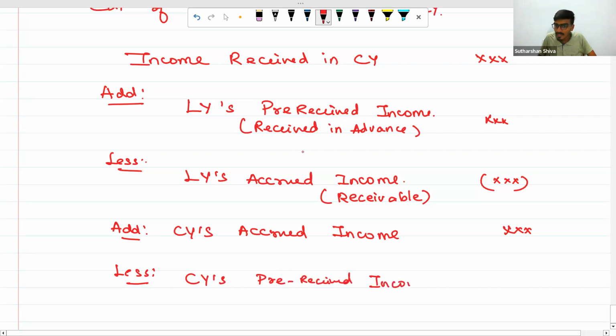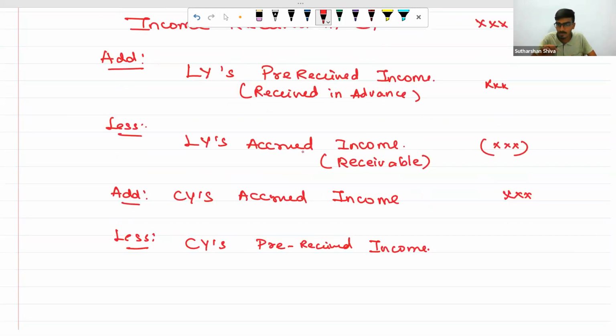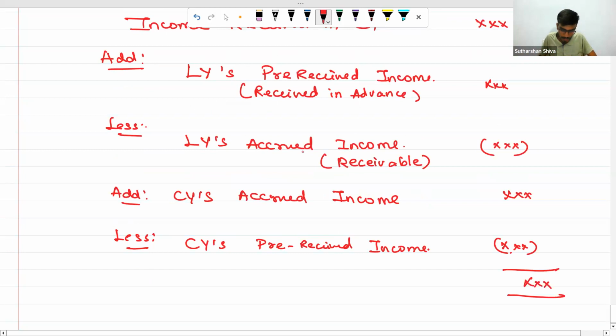That is not relevant as per the accrual concept and the periodicity concept of the current year, so I am going to deduct that part. That is my final value, the income of current year transferred to profit and loss. Are you able to understand this part?